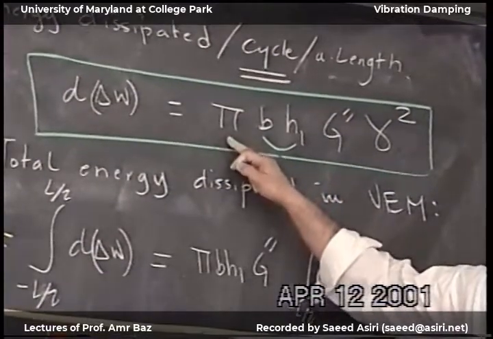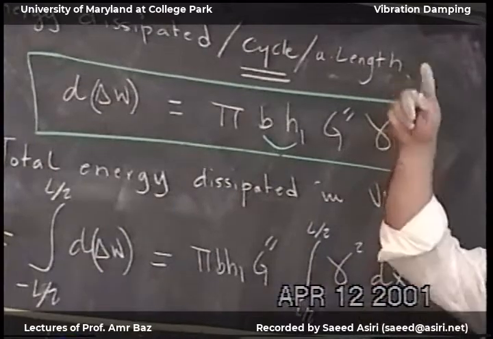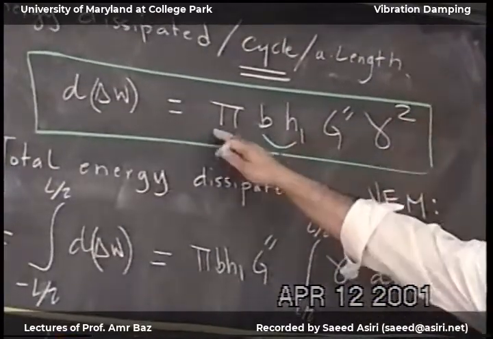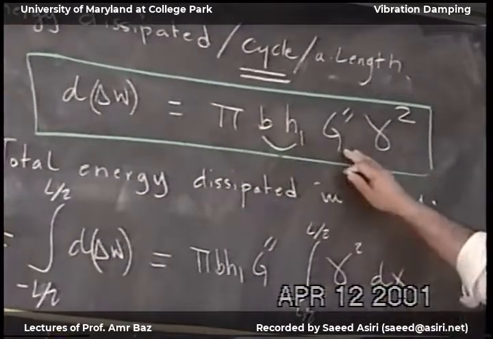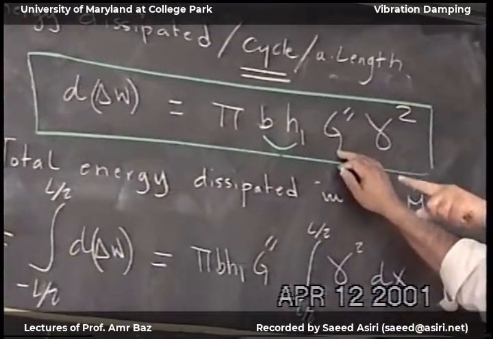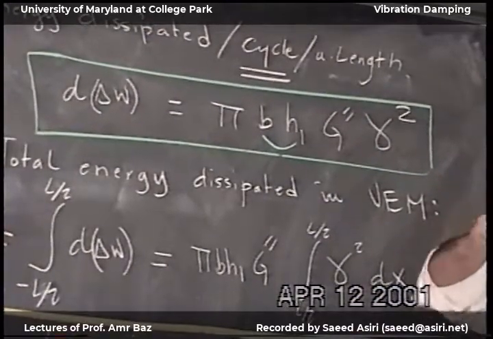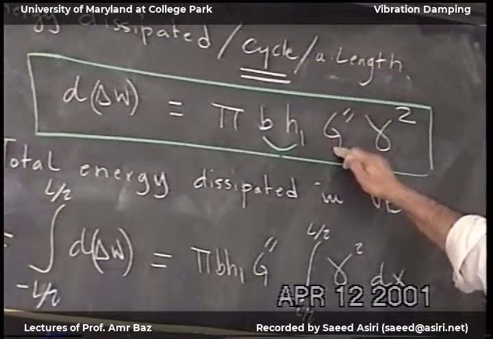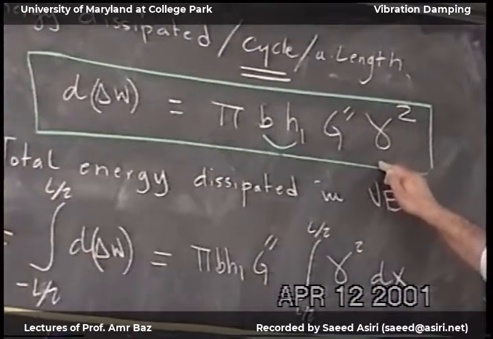Pi comes from averaging over one cycle. So I have the integration of the sine squared from 0 to T over T, so this comes to pi. So this will stay as it is. Now, in the first case that we've done, because I'm putting the constraint layer, I am shearing the viscoelastic material. So I'm using the loss modulus in shear and the corresponding deflection in shear.